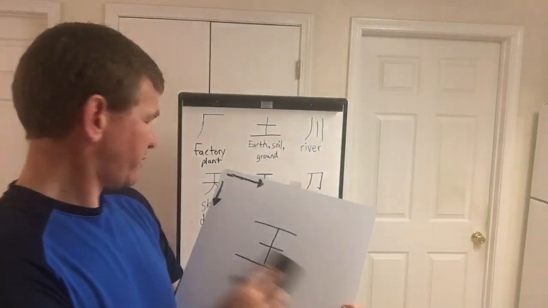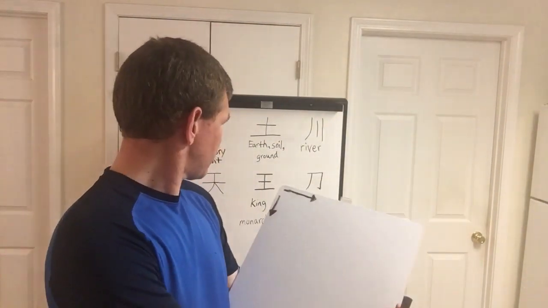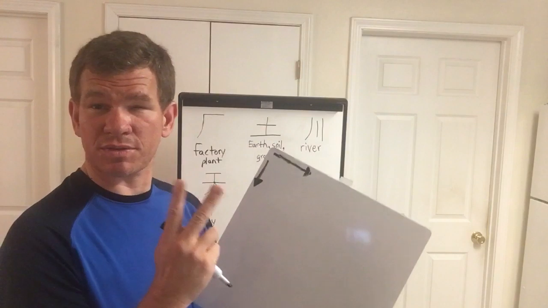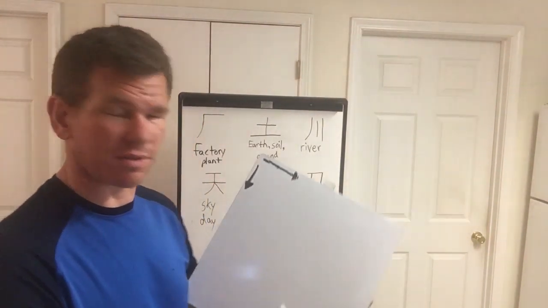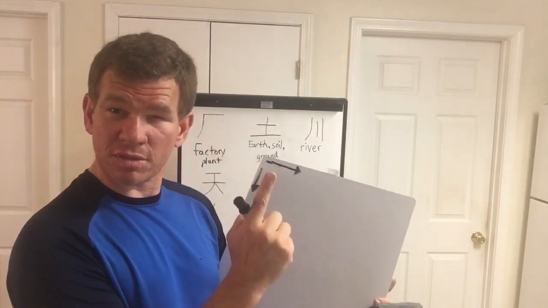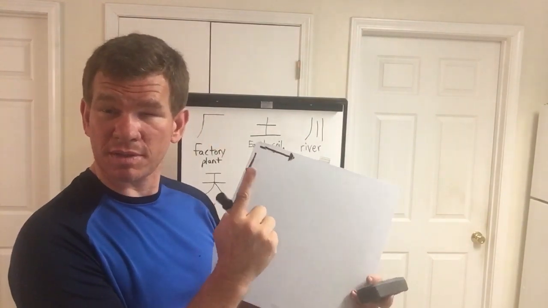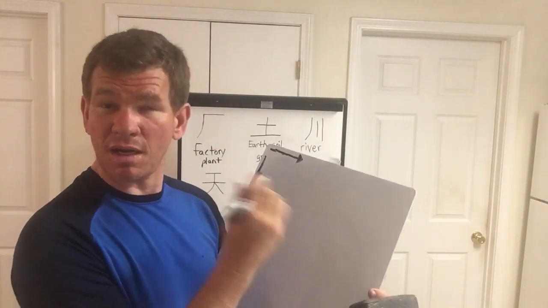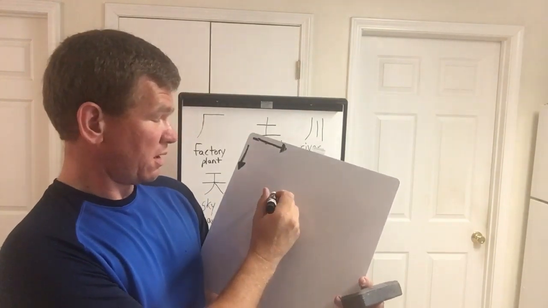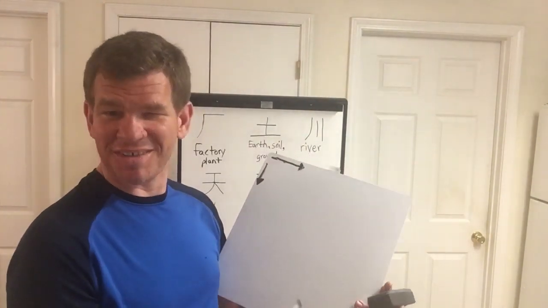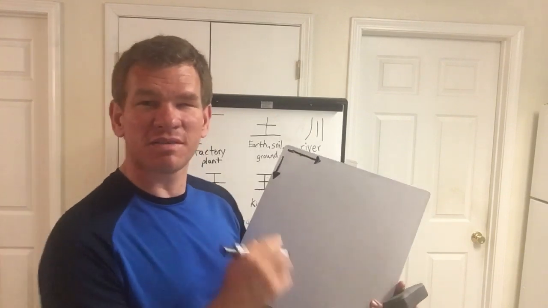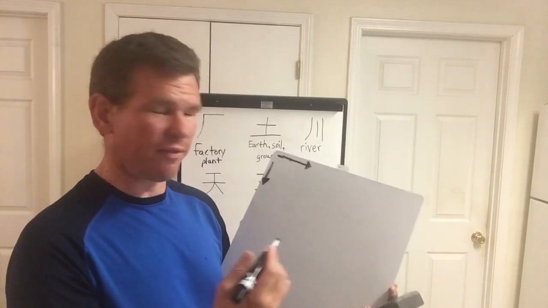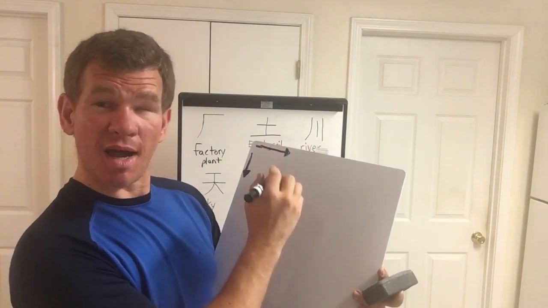All right. Finally, knife. This is only 2 strokes. I mean, it looks like there's more, but it's only 2 strokes. So in the first stroke, you write most of the character. So keep your hand on the pen. Keep the marker on the board. Don't let off. So the first one is on top.